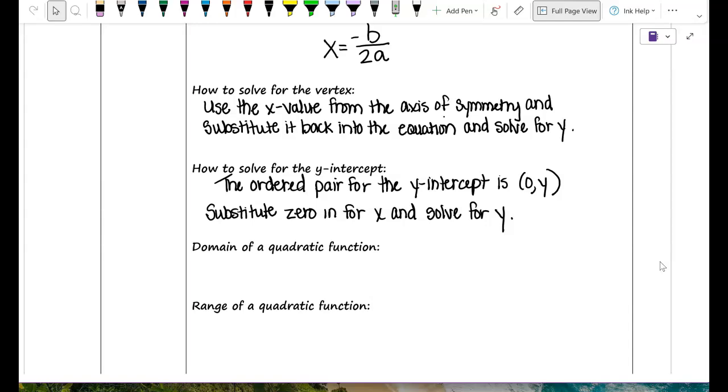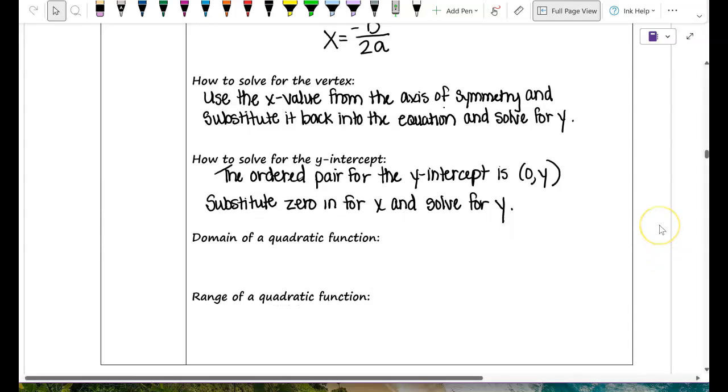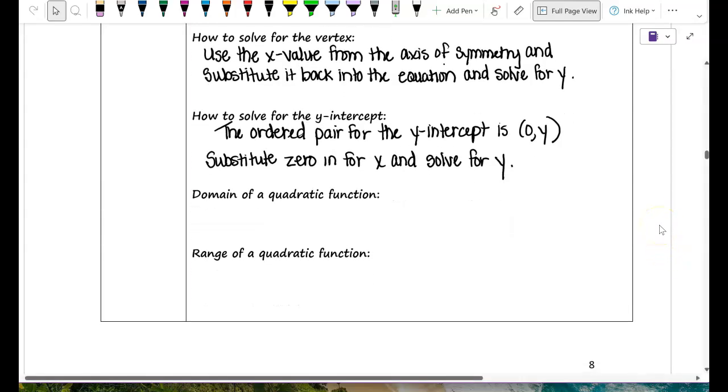When it comes down to finding solutions, it's usually easier from standard form. And as you saw in the table of contents, there are many different ways to make that happen. We will talk about how you know when to use which method, because you're going to see several methods there. Then we have talked about domain and range already, but let's just redefine them.